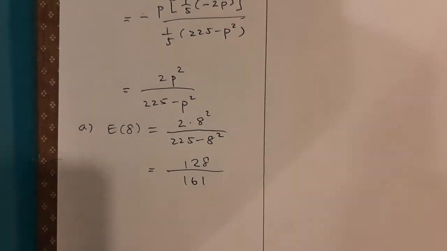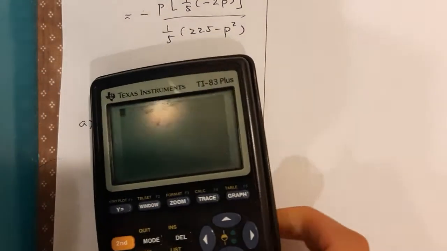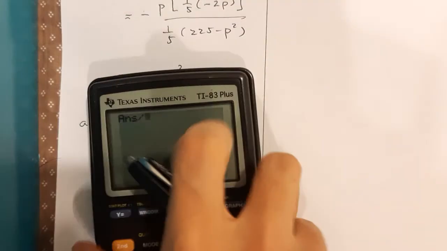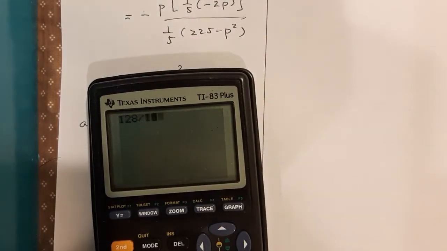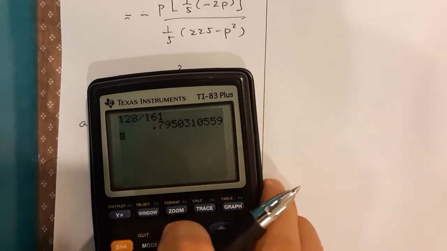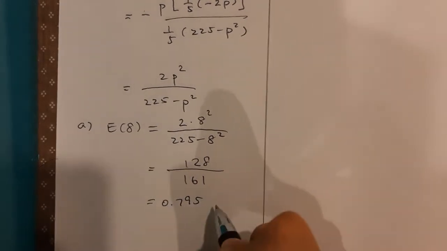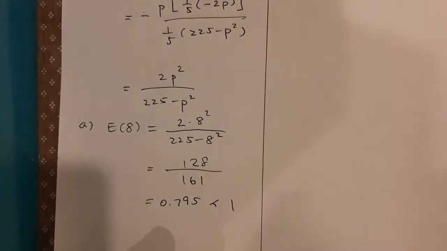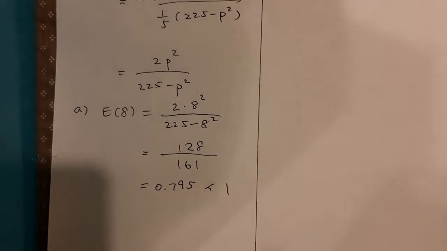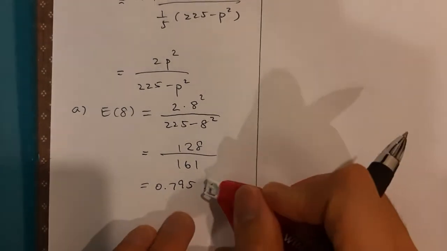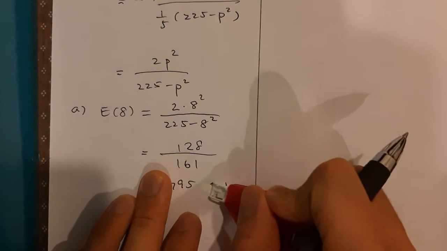Then you can use your calculator. So here we have 128 over 161. You can see that this number is less than 1. So that means that it's inelastic.